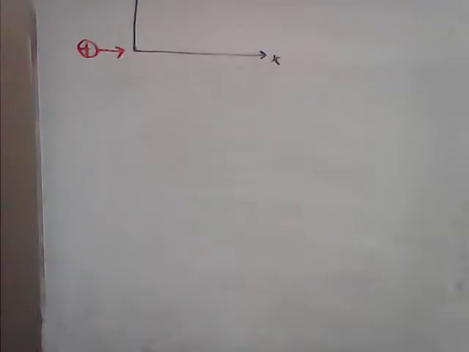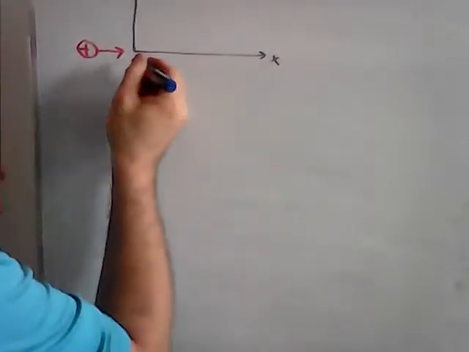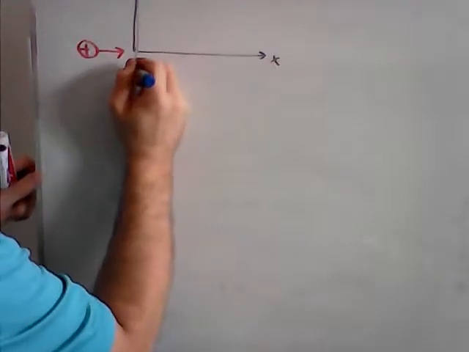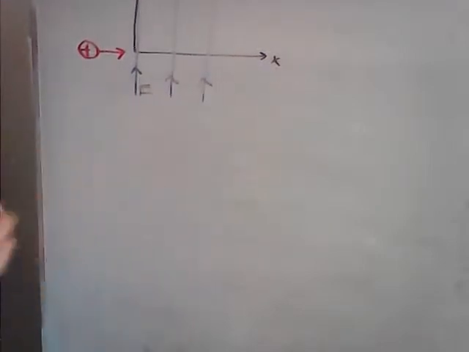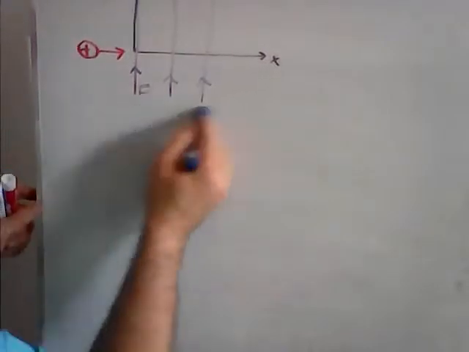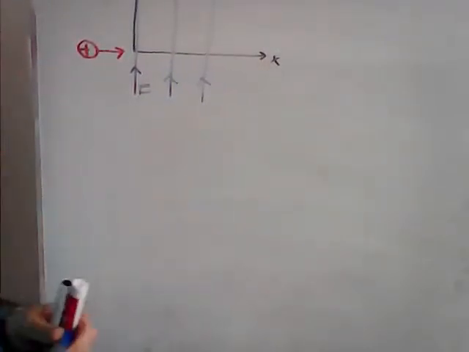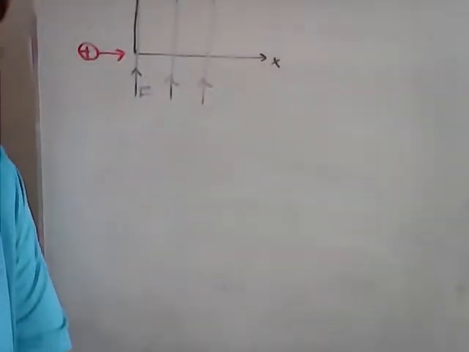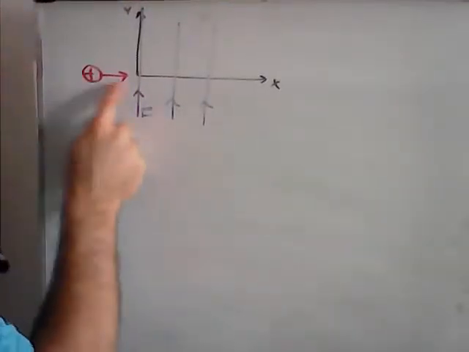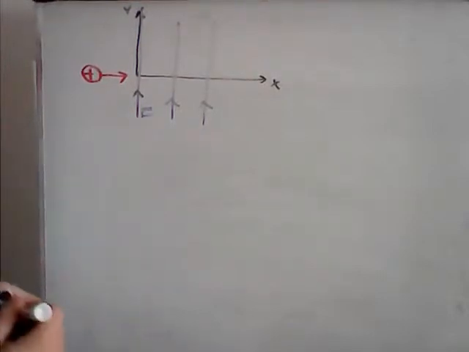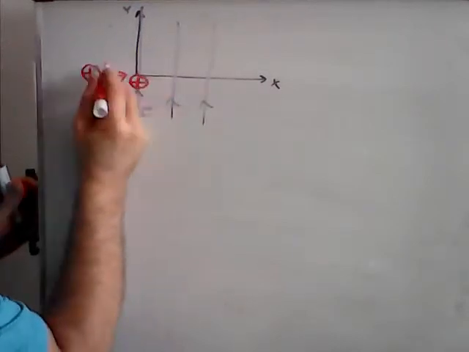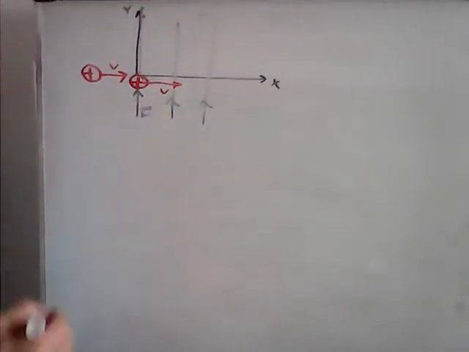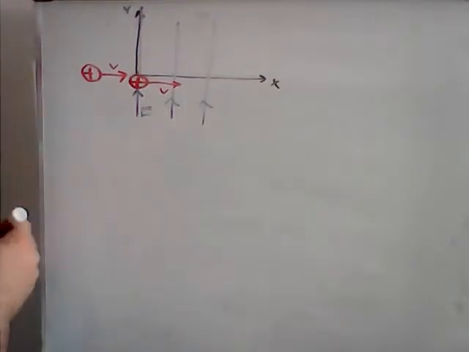Let's use blue for that. So we have an electric field in this direction. And they're hoping you're going to screw this up by remembering magnetism. But the electric field exerts a force in the same direction as the field points for a proton. So as this proton now enters this field, it's got initial speed in that direction, but it doesn't really matter which direction it's moving because the force will be up.